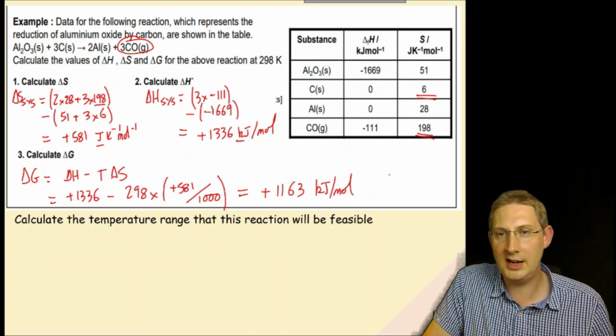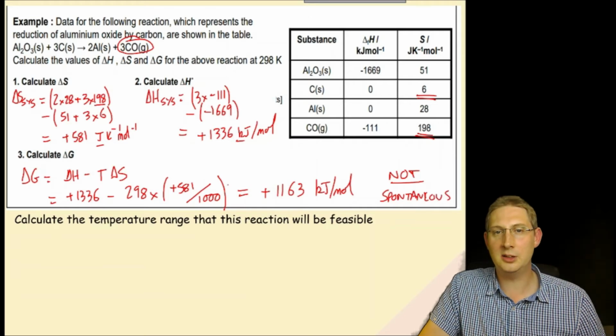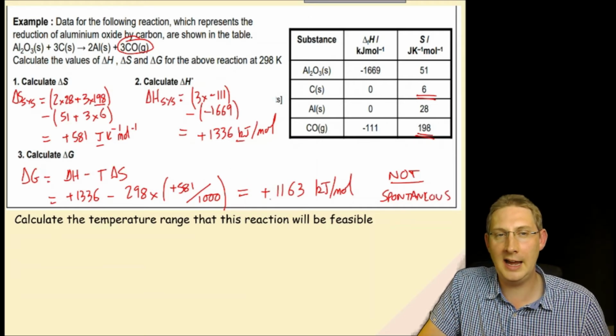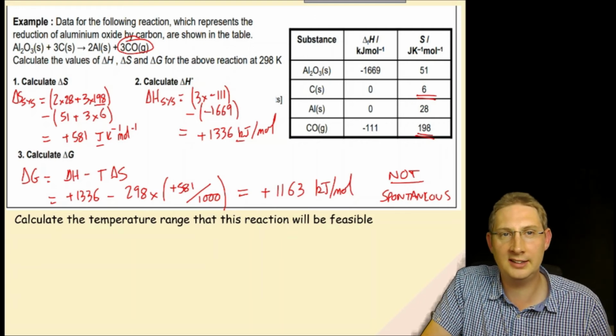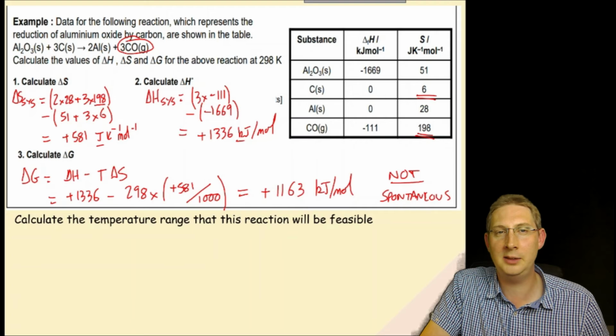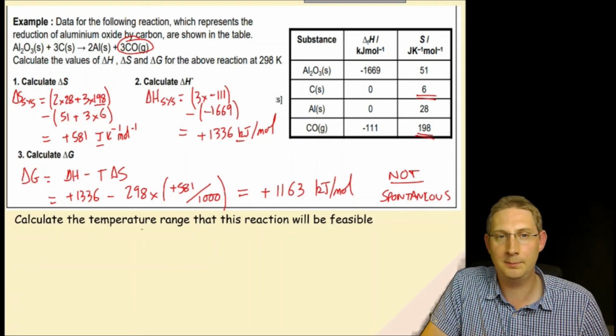In other words, this reaction is not spontaneous. Okay, it's a positive number, and unlike entropy, deltaG needs to be negative. And we shouldn't be surprised with this. Look at this. Carbon taking oxygen from aluminium. We know from our reactivity series this is very, very unlikely.